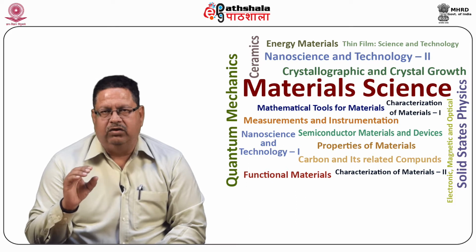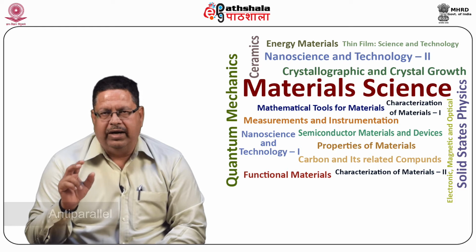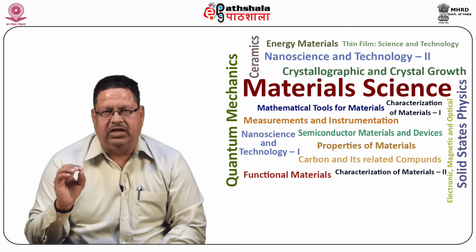Another scenario can also happen when the neutron and proton are anti-parallel to each other. It means proton spin down, neutron spin up, and proton spin up, neutron spin down. So these are the four possibilities in which the neutron and proton can be inside the nucleus.